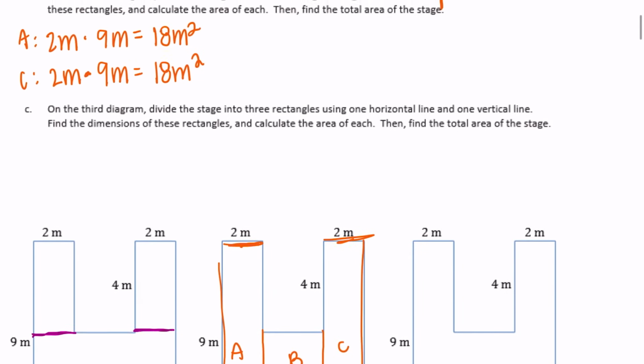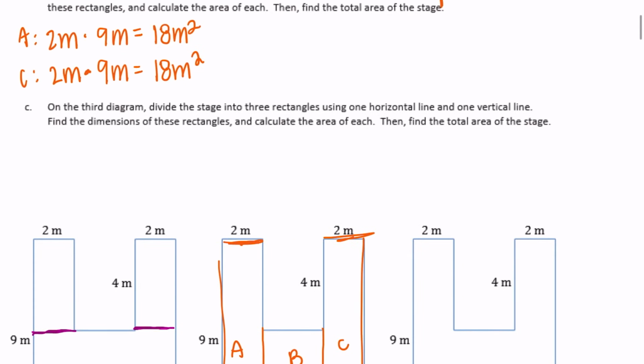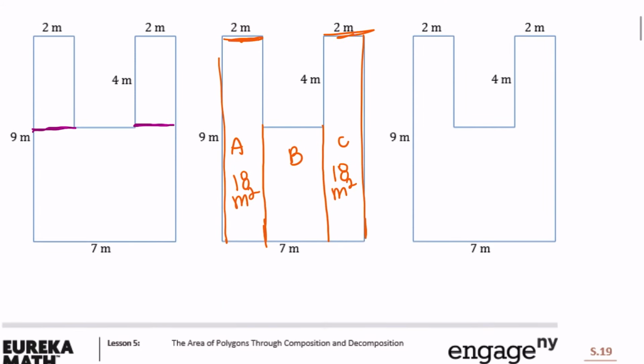And then B, let's see, so we have this whole thing is 7. I know this part is 2, and this part is 2. So if that's 2, that's 2, that makes 4. So I have 3 left. It's 2 plus 3 plus 2 is equal to 7.